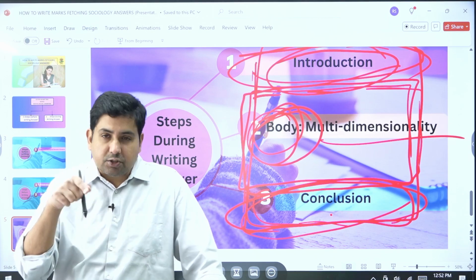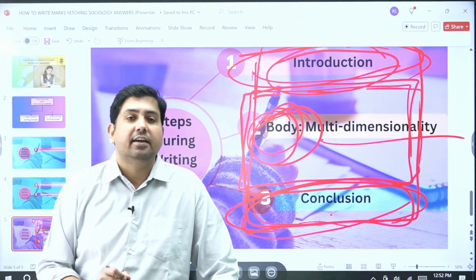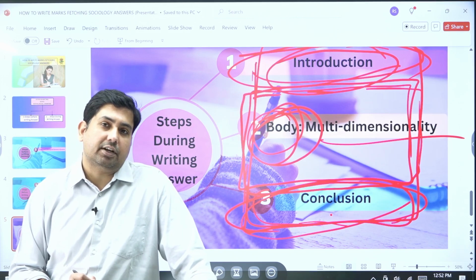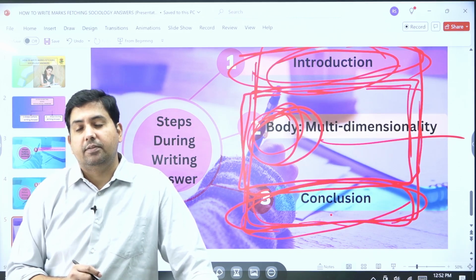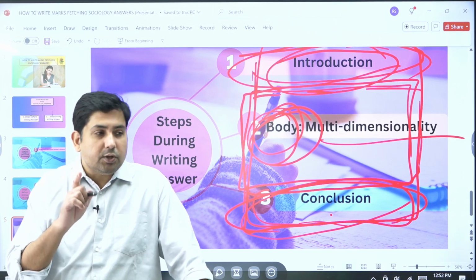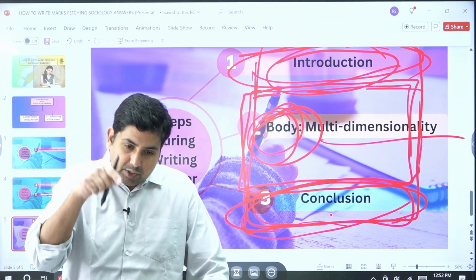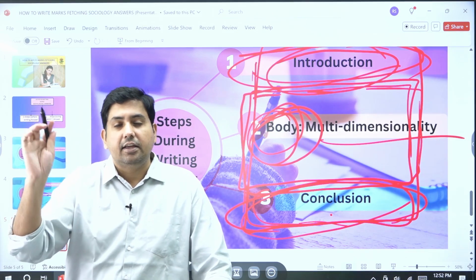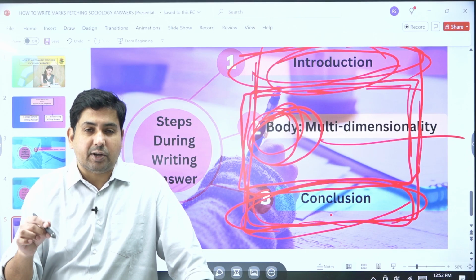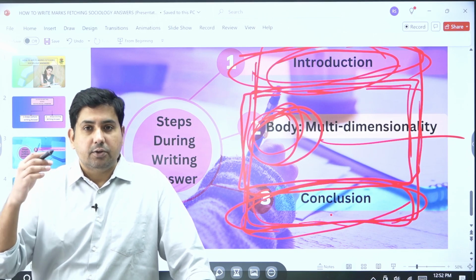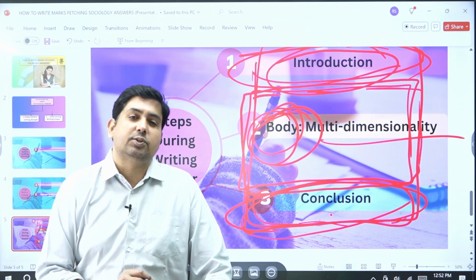If they are forced to read your entire script line by line, then it becomes very problematic for that examiner and for you also. So you must highlight relevant points and concepts, so he understands that you know things. He will read 1-2 lines of what you have written, and if he is satisfied, he will form an idea that this student has proper knowledge of sociology.